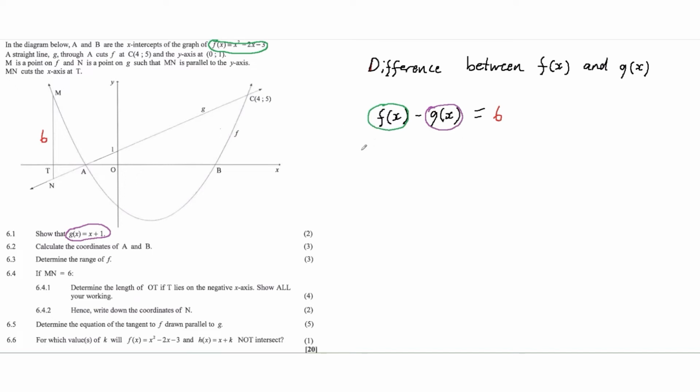So f of x is x squared minus 2x minus 3, and then we're going to subtract g of x, which is x plus 1, and then make it equal to 6, and then solve for x.